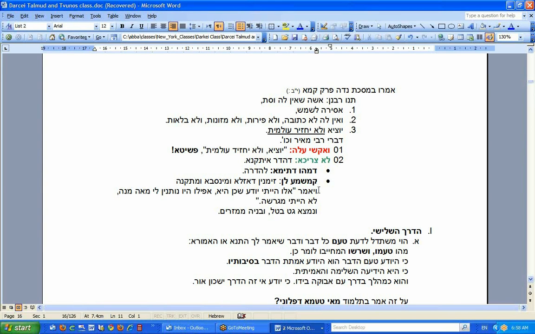But here in the text, it's beautiful because this is an opening to real learning. Most people just read what it says, and they don't understand the implication that everything that's said must be a chiddush.